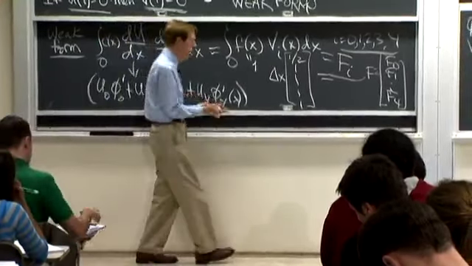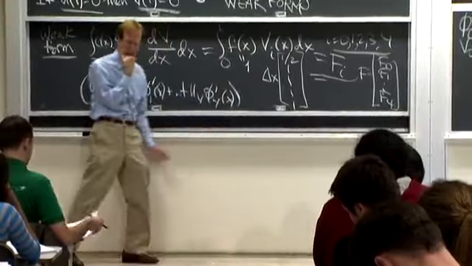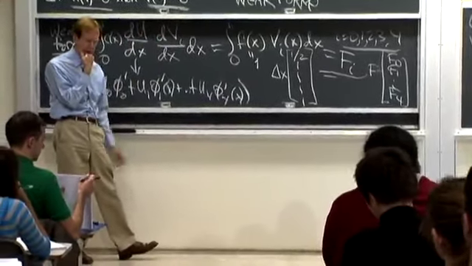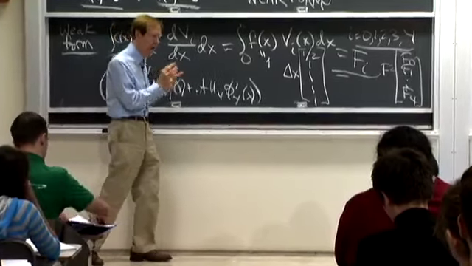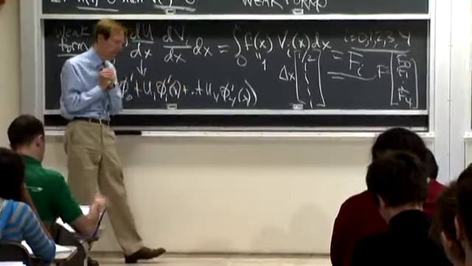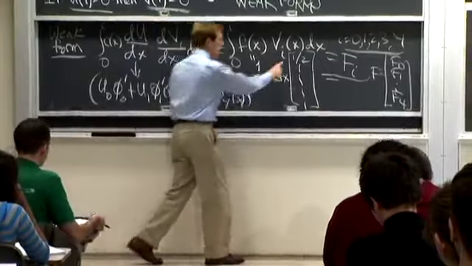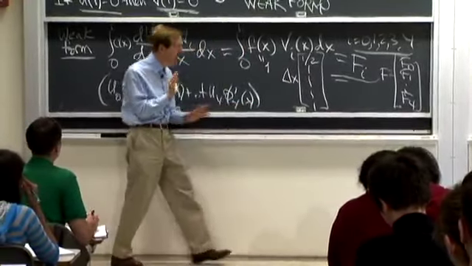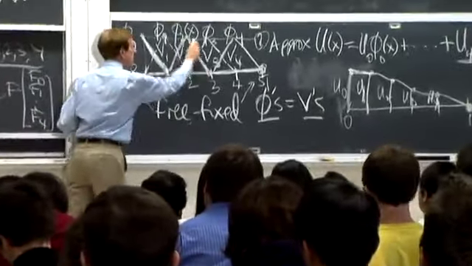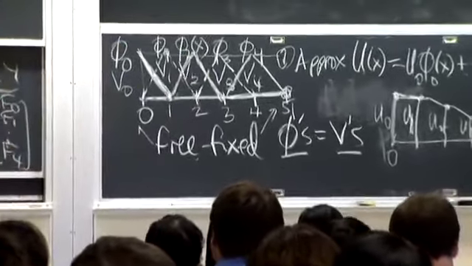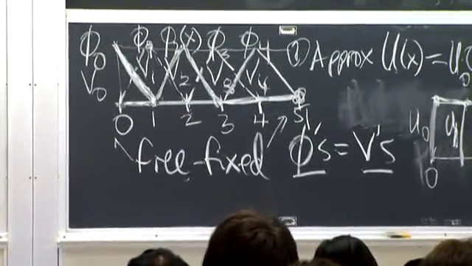The finite element method is making the change for me on the right-hand side. So the finite element method is going to automatically keep the second order accuracy. That's a key point, that these piecewise linear functions are associated with second order accuracy.